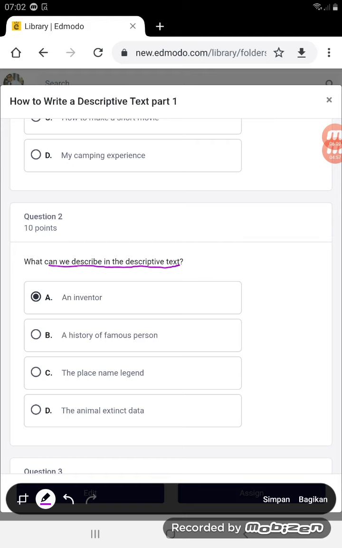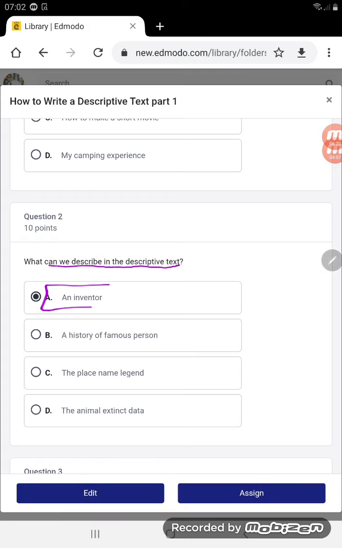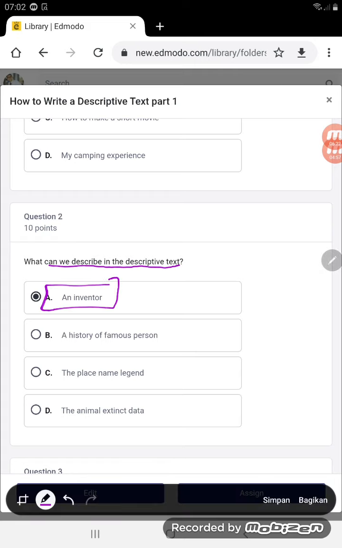The answer is an inventor, penemu. An inventor is a person, and a person can be described.